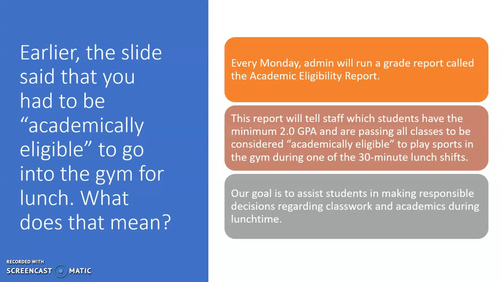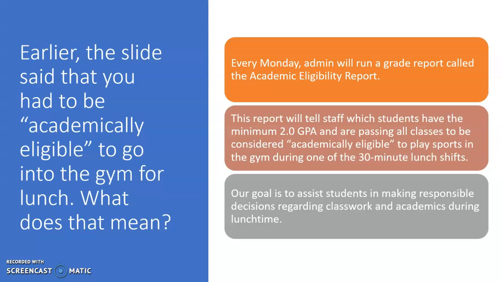Earlier, we talked about having to be academically eligible to go into the gym for lunch. What does that mean? Well, every Monday, administration will run a grade report called the Academic Eligibility Report. This report will tell staff which students have a minimum of 2.0 GPA and are passing all classes to be considered academically eligible to play sports in the gym during one of those two 30-minute lunch shifts.